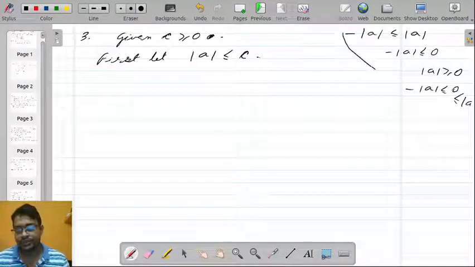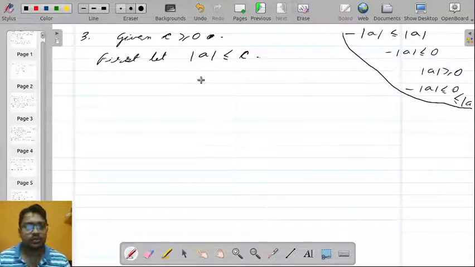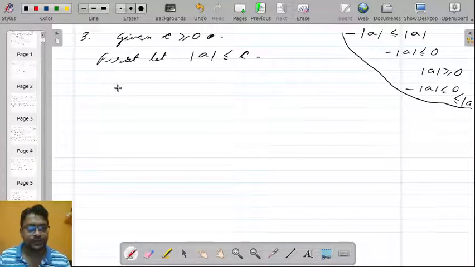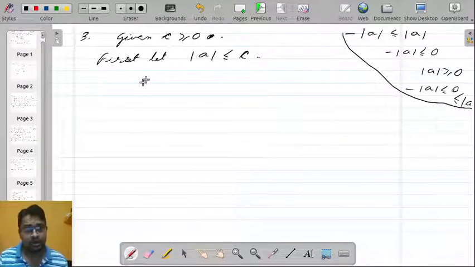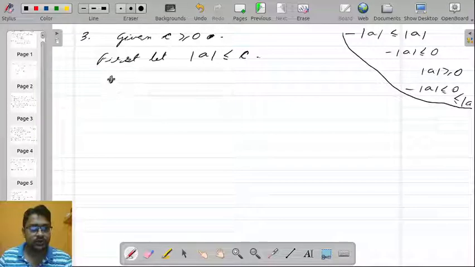So let us see how we can do this, or we apply the definition here. Okay, so mod A is less than or equal to C, right?